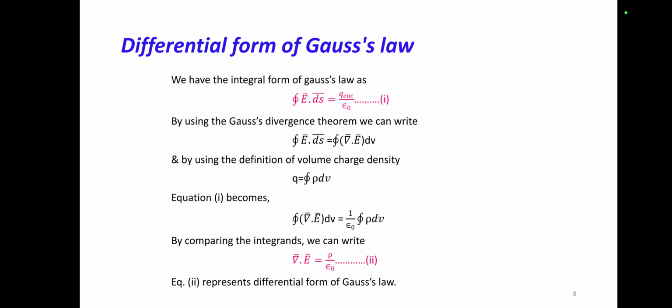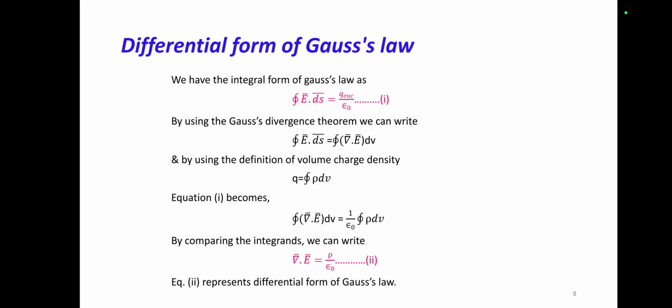That means here the surface integral is converted into a volume integral. By using the definition of volume charge density, q is equal to closed integral rho dv. So using this value in equation 1, it becomes closed integral del dot E bar dv equals 1 upon epsilon naught closed integral rho dv.